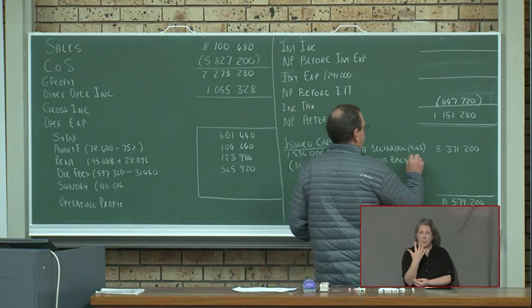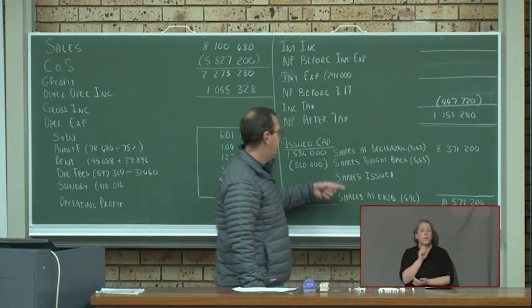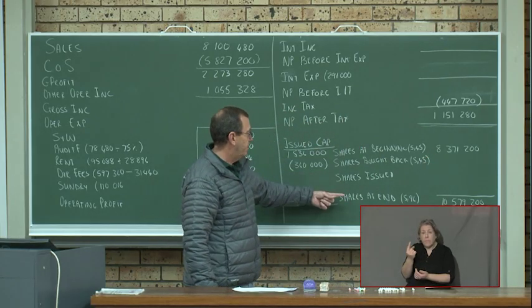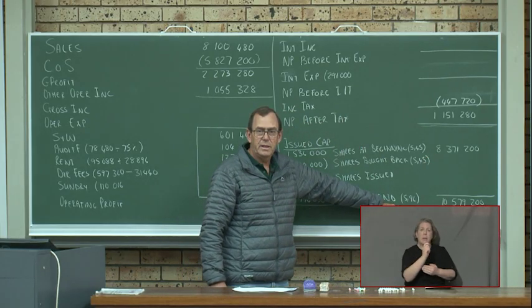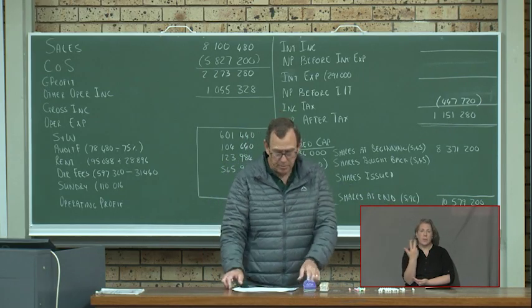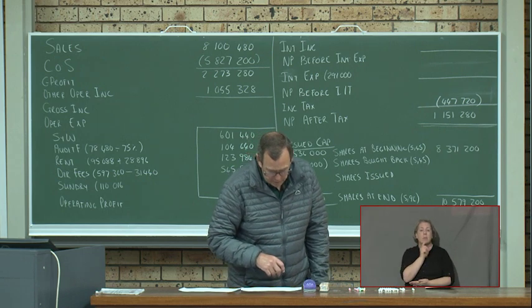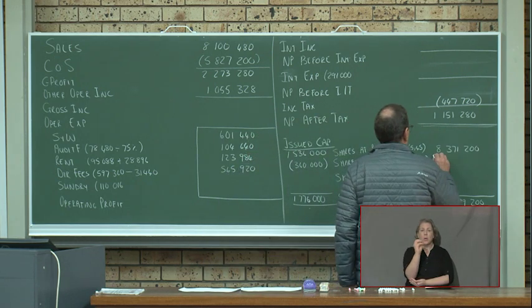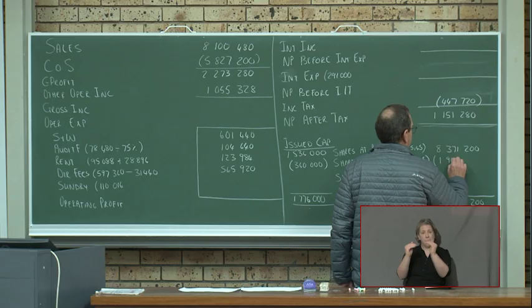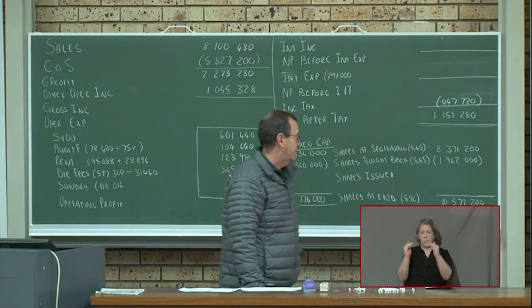So the R5.45 you will use here. If it was first issued and then bought back, then you would use the R5.96. So the shares bought back, the 360,000, will be 1962, in brackets.